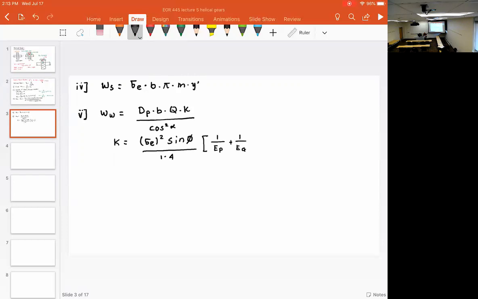Where do you get the EP and EG values from? From the table at the back of the book. EP and EG are the Young's modulus for pinion and gear, but PN is the normal pressure angle.